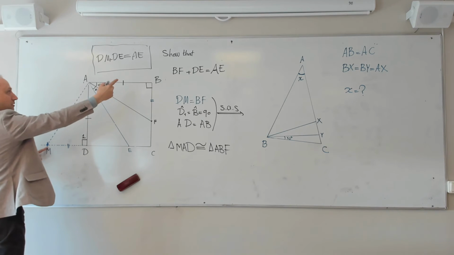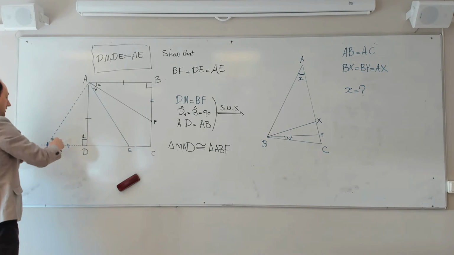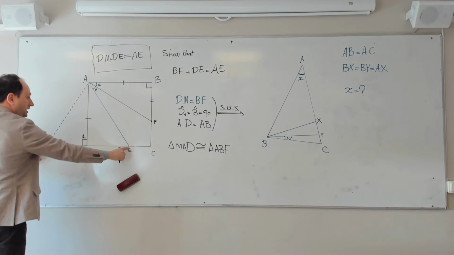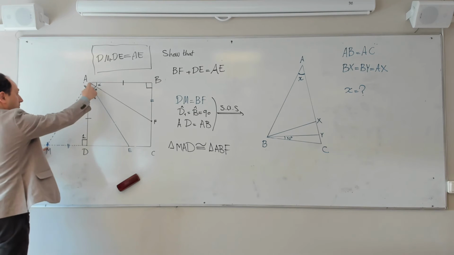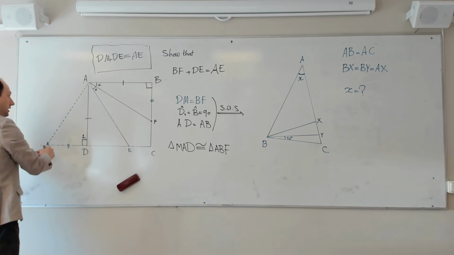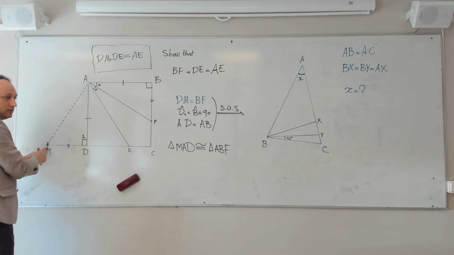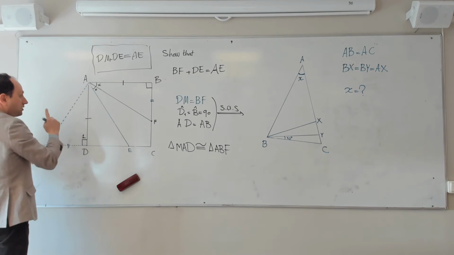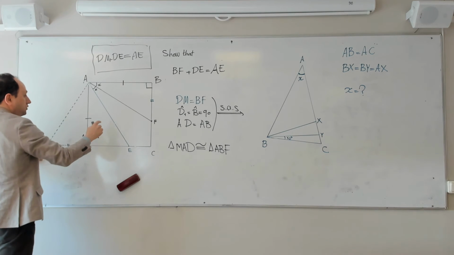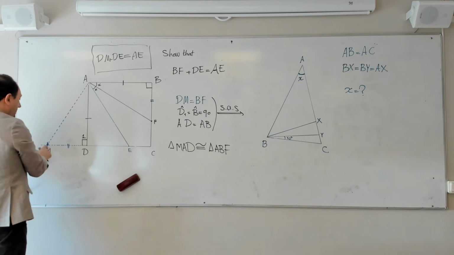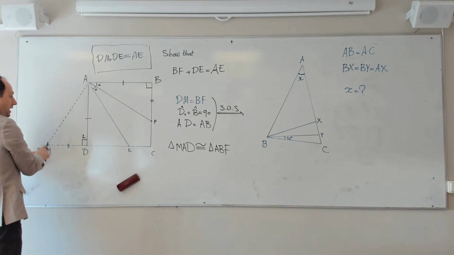Instead of proving the main problem, it is enough to show that ME is the same as AE. It means that if I can prove that this bigger triangle here is an isosceles triangle, then I am done. So then I start concentrating on proving that AEM is an isosceles triangle.